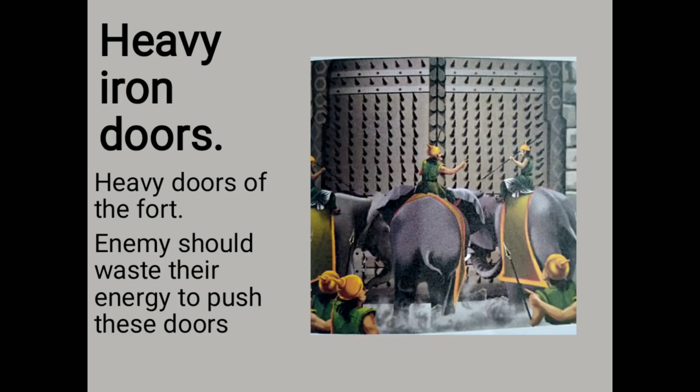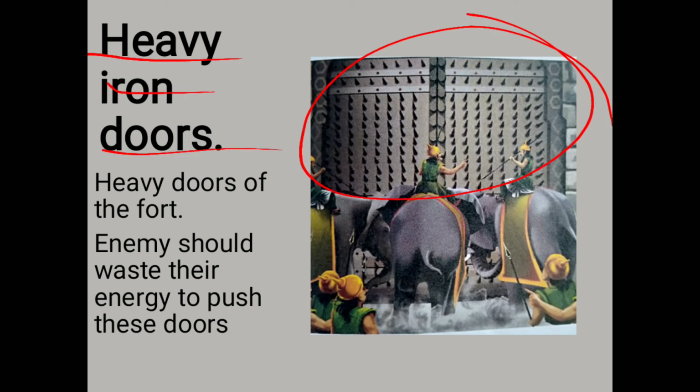Next is your heavy iron doors. Can you see your heavy iron doors? Same. These doors are very heavy, it seems. Not even animals can push and pull these doors. Fine. These doors are very heavy and also cannot be opened inwards.